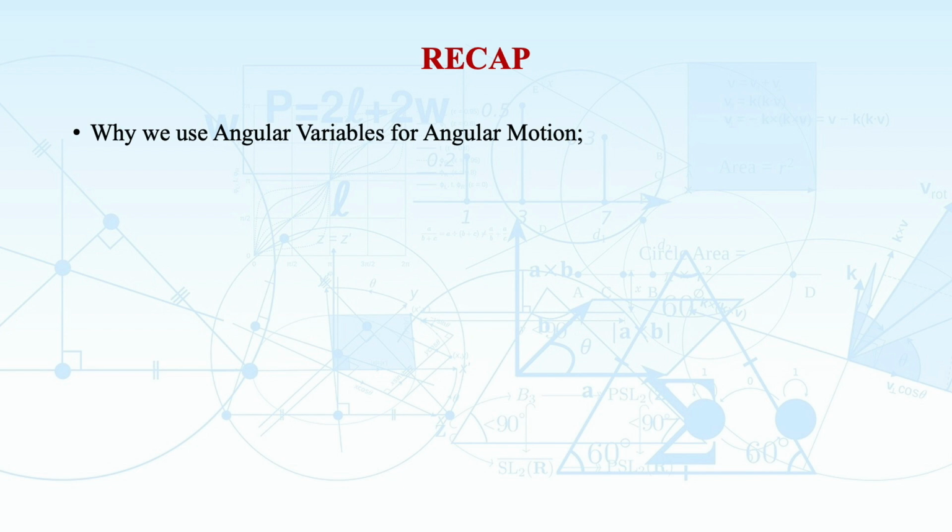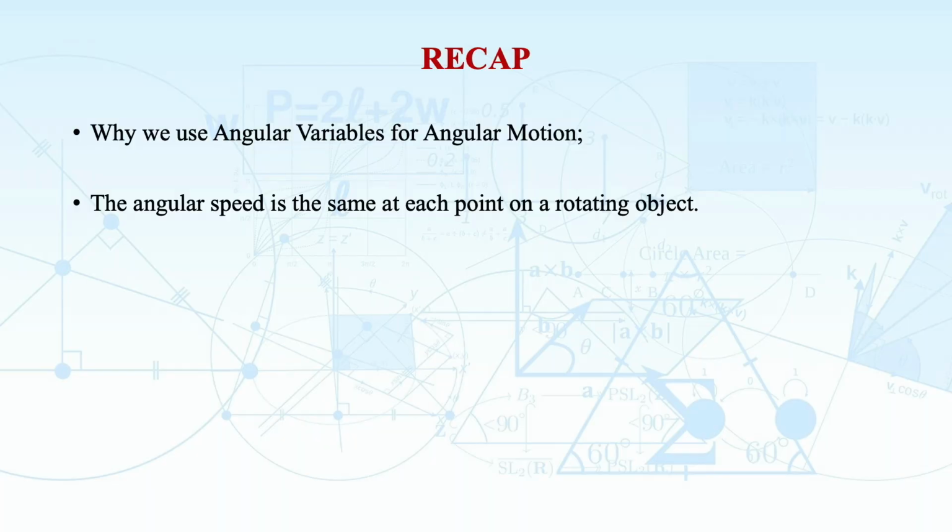input. Now in this lecture we discussed why we use angular variables for angular motion. We know that we use a set of variables for translational motion, and we keep in mind that the velocity of an object or a particle which is undergoing translational motion is the same for all points of the object.